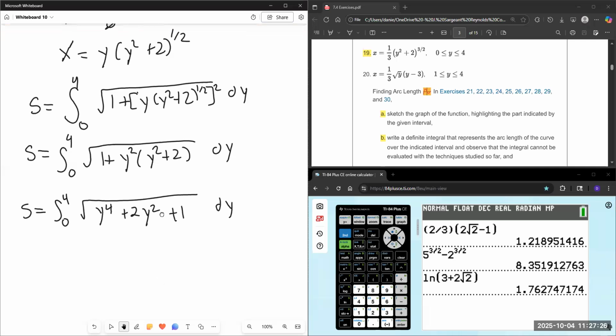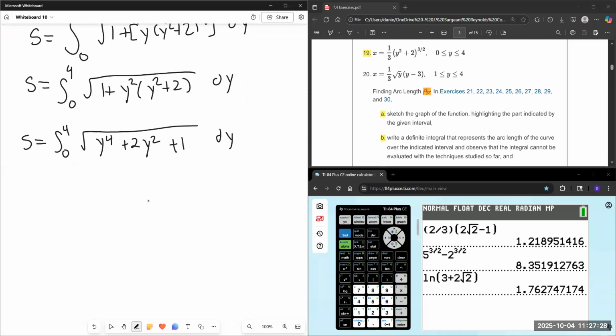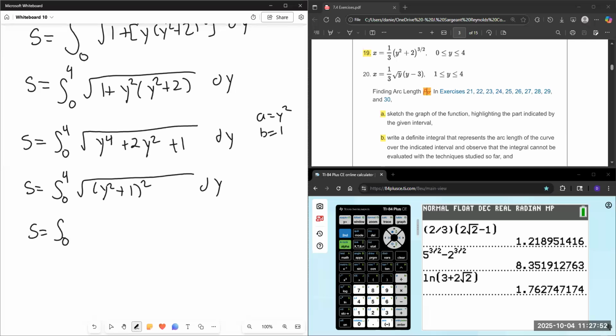You may recognize this as a perfect square trinomial in the form of a squared plus 2ab plus b squared, where a is equal to y squared, b is equal to 1. So S is equal to 0 to 4 root y squared plus 1 quantity squared dy. S is equal to 0 to 4 y squared plus 1 dy.